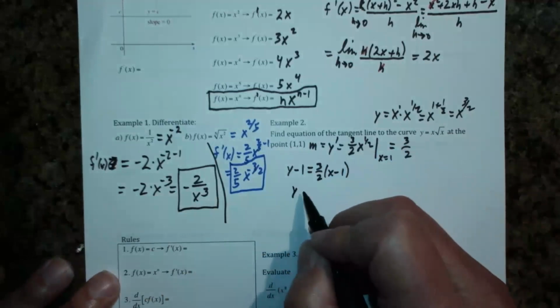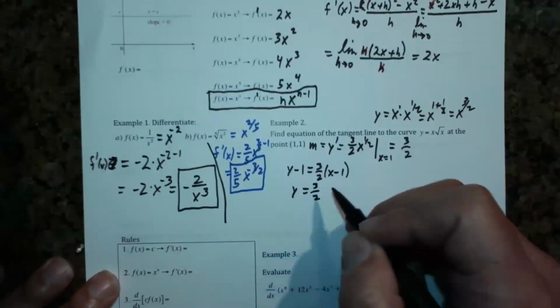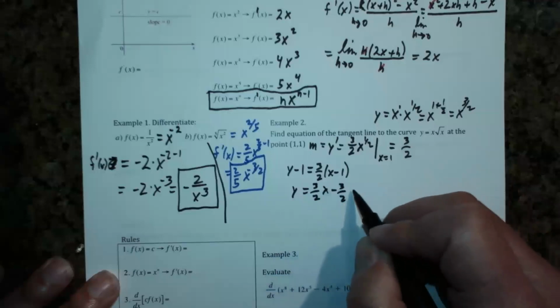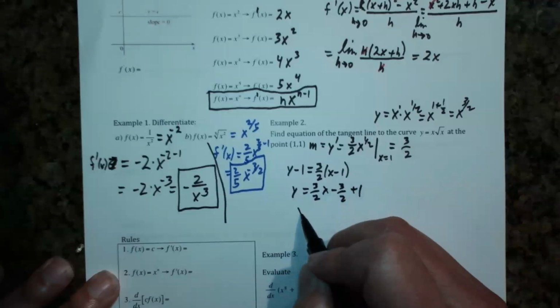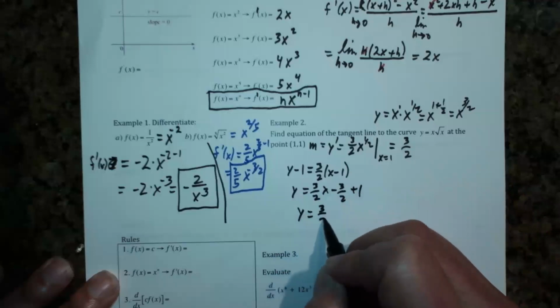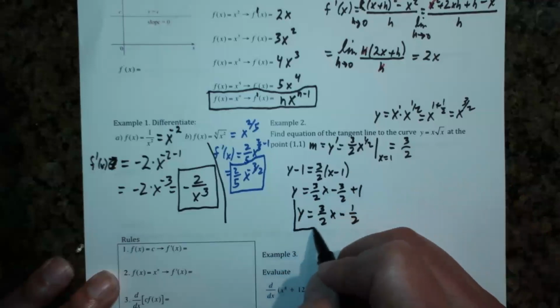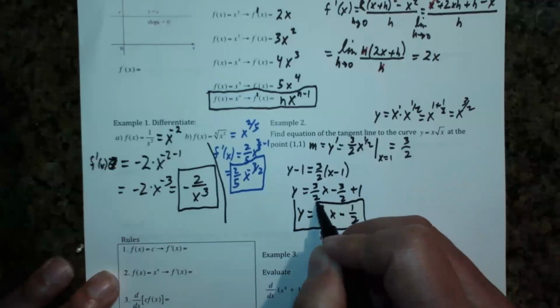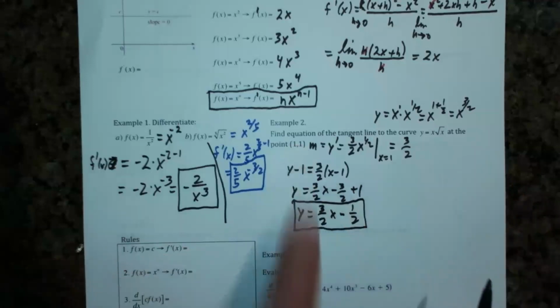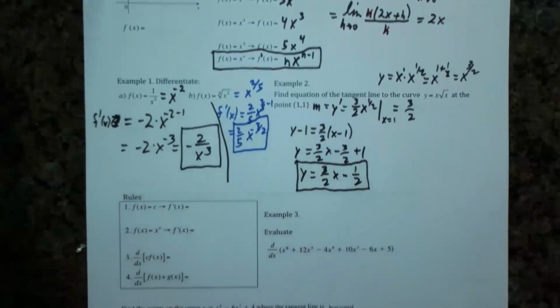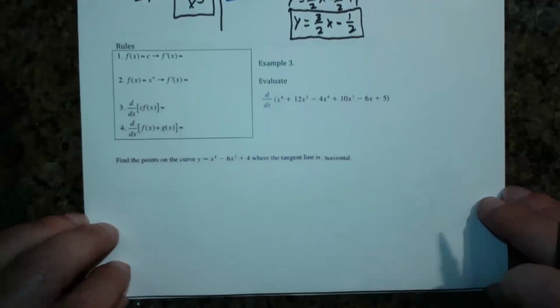This becomes y equals 3/2 x minus 3/2 plus 1. So y equals 3/2 x minus 1/2. And here's the equation of the tangent line at the point 1, 1. Not too hard, especially with our new rule here. It's very nice.